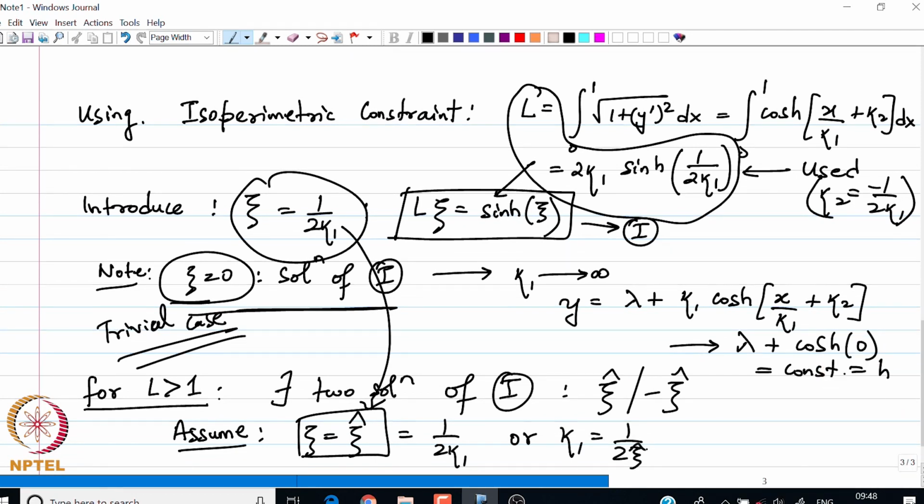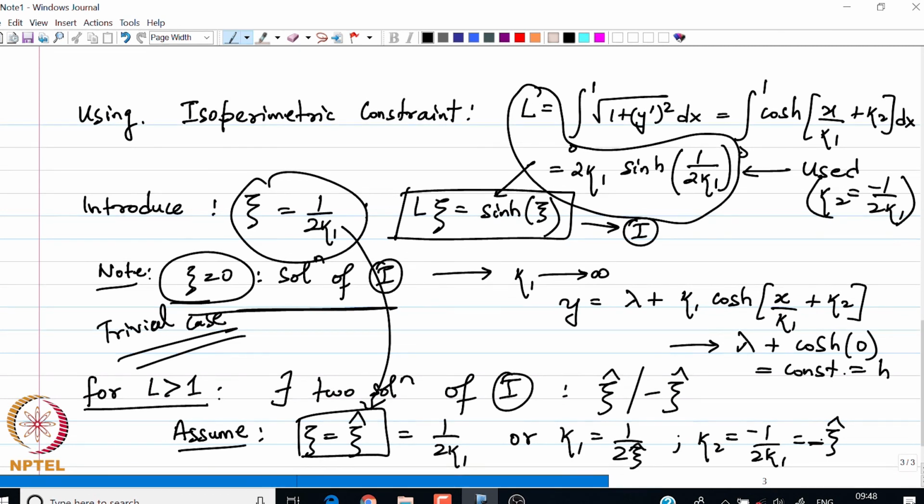Which means that kappa 2, which is negative 1 by 2 kappa 1, as per the assumption that we began with, is also equal to negative xi hat.